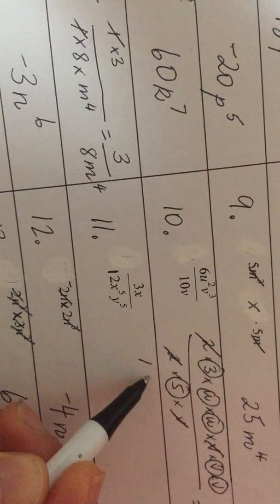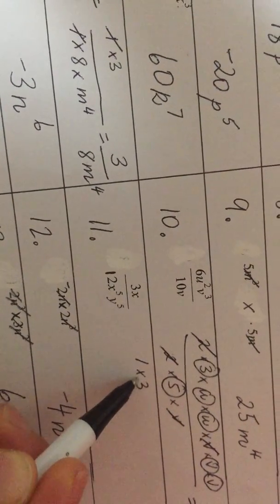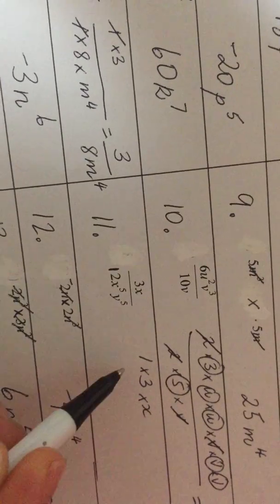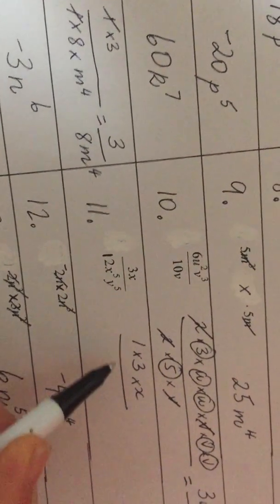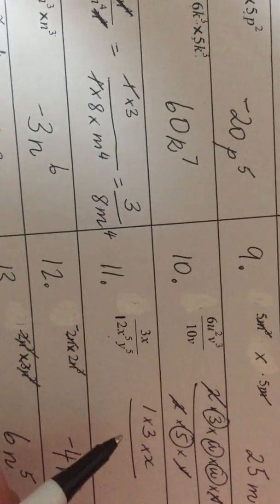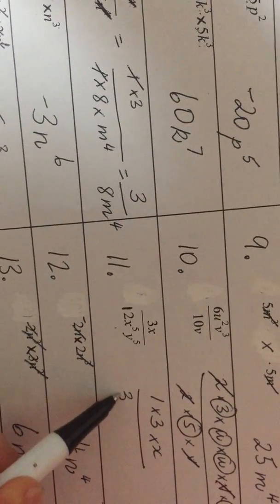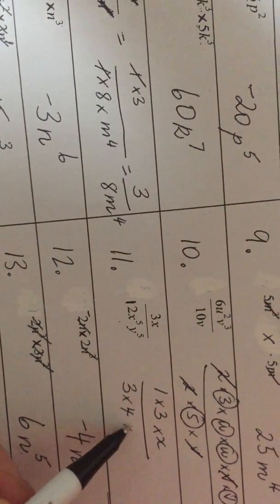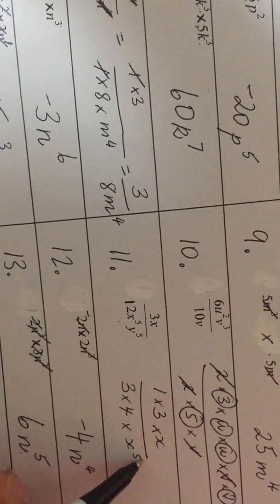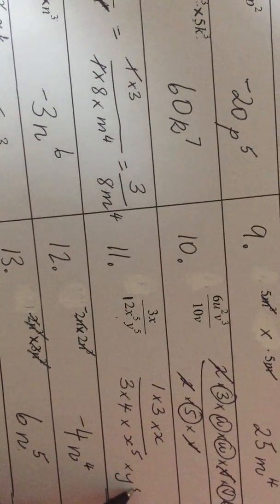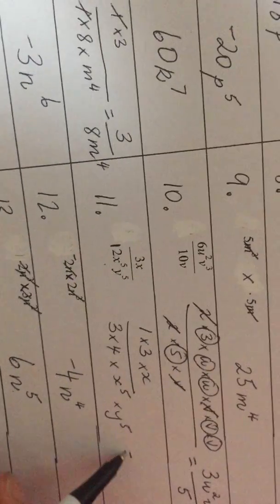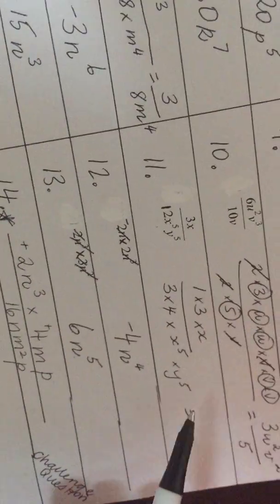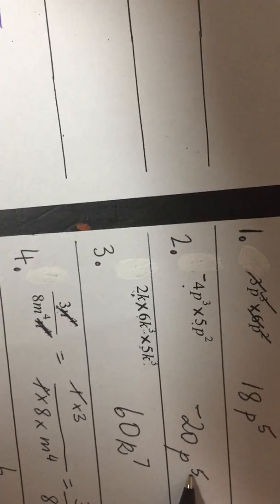Let's write 1 times 3 times x. Okay, I'm not going to write out all those here, but we can recognise it as 3 times 4 times x to the 5 times y to the 5. So basically, we cancel out and we subtract the powers. When we multiply, we add the powers.